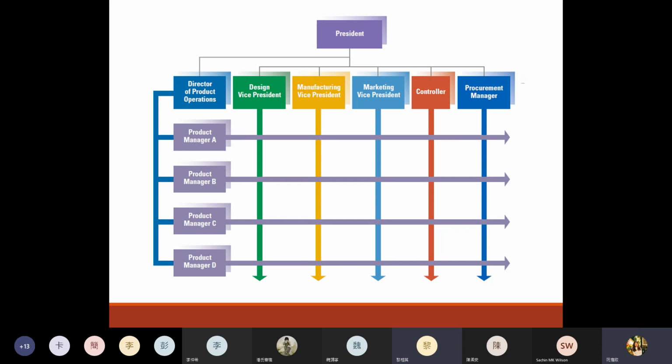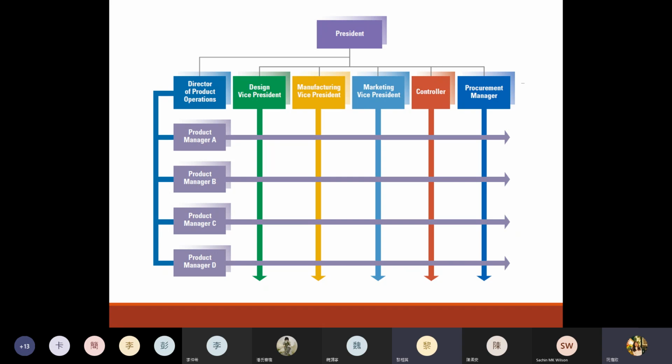I think maybe in this kind of matrix, the product team has to take care of a lot of products, and then maybe that team cannot work. Why do they need to take care of many different products?